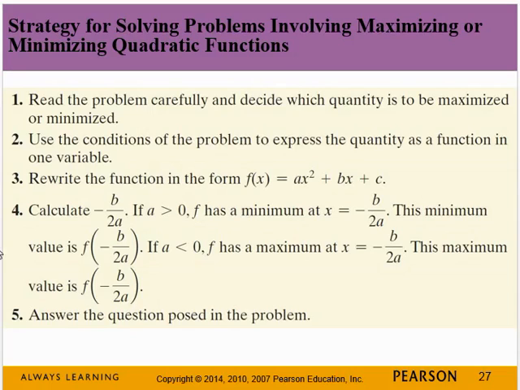If a is greater than 0, f is a minimum at x equals negative b over 2a. This minimum value is f of negative b over 2a. If a is less than 0, f has a maximum at x equals negative b over 2a. This maximum value is f of negative b over 2a. And number 5 says answer the question posed in the problem.